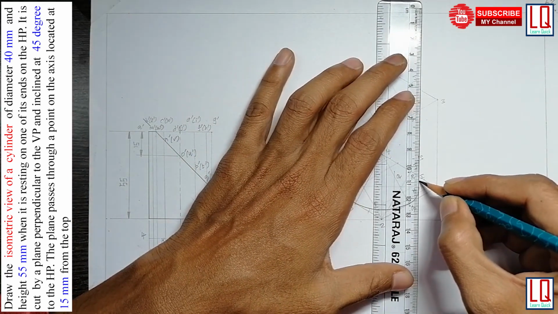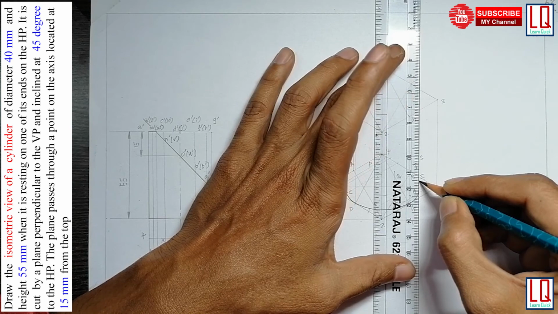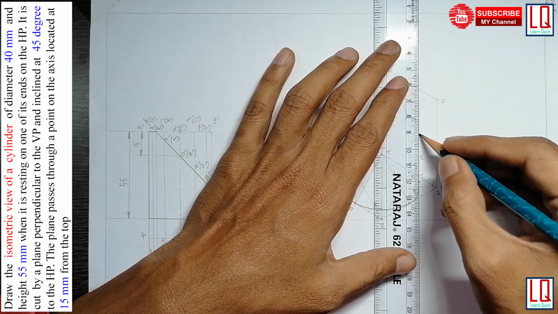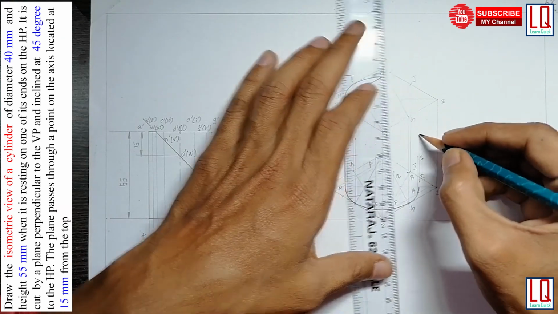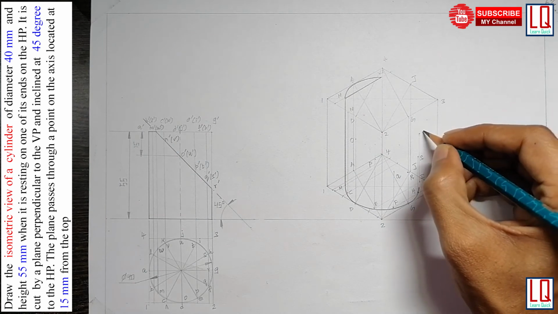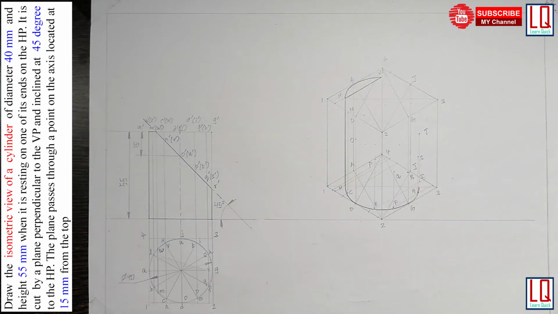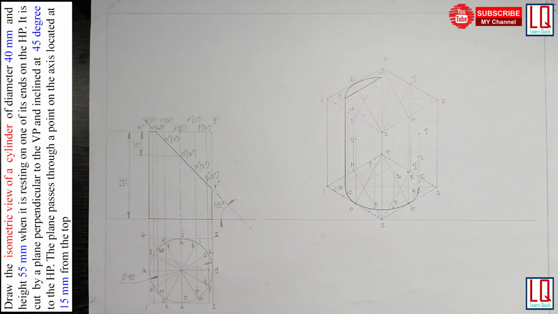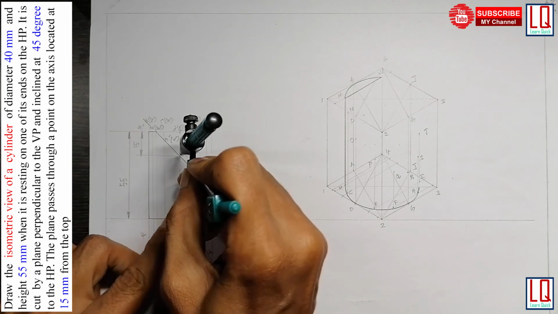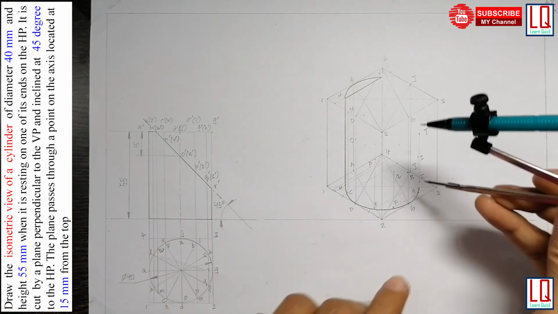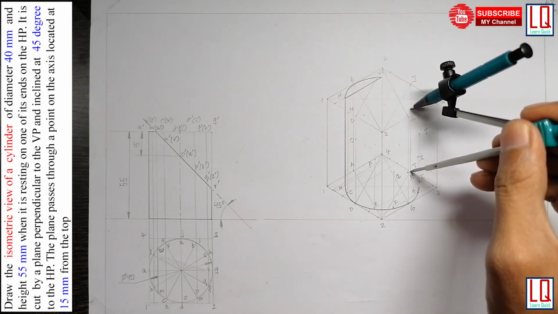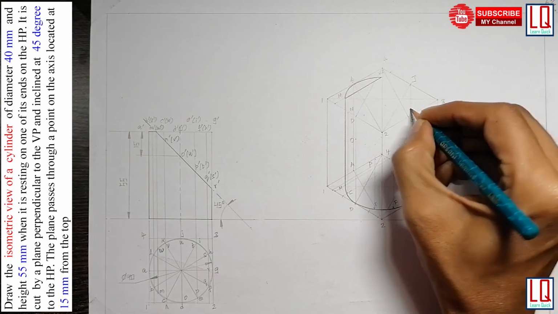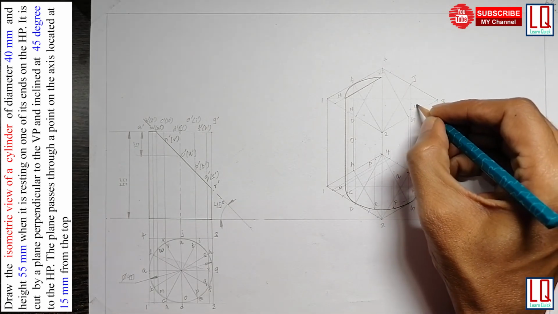So from I draw a line for 30 mm, and mark this point as capital T. So now for the point J, measure the height of point U and from J mark the point U, and mark it as capital U.